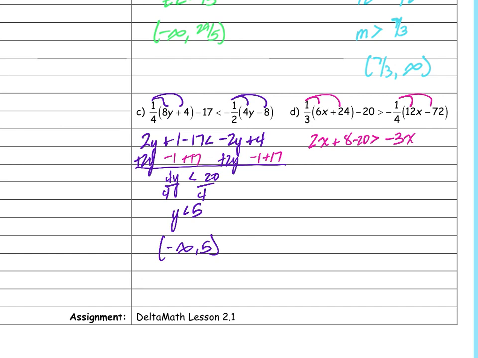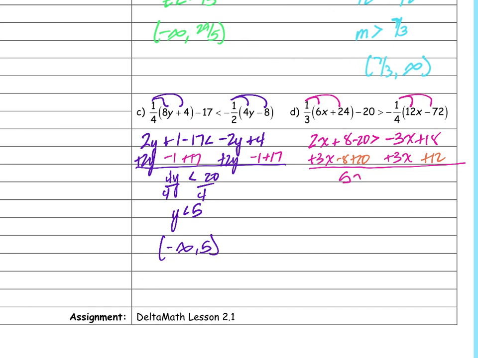Let's see. 72 divided by 4, 18 plus 18. So add 3x, minus 8 plus 20, which is 12 plus 12. It's easier for me to write it that way since I'm running out of room.